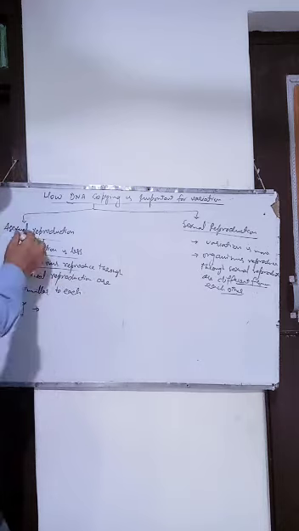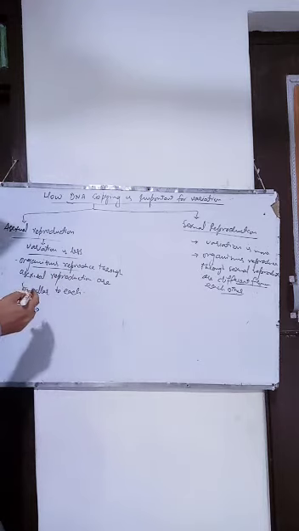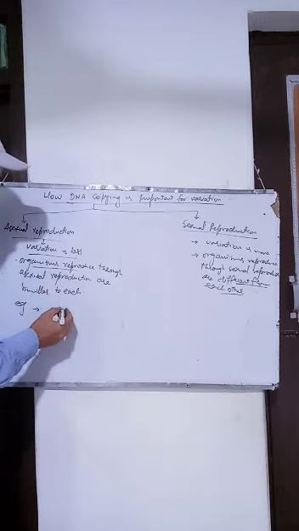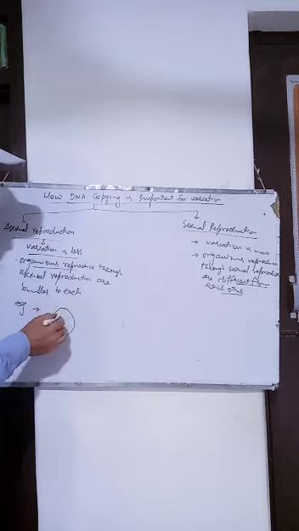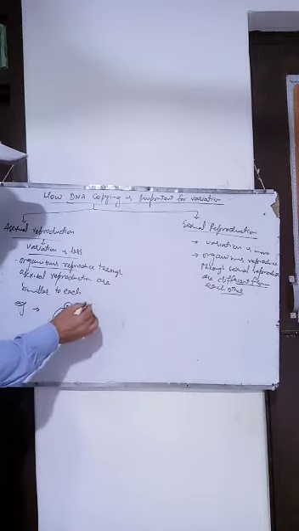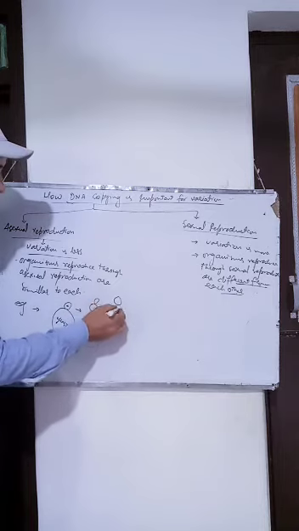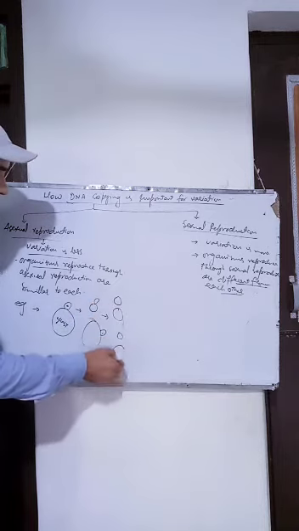Take an organism which reproduces through asexual reproduction. For example, yeast. It is a yeast cell. It reproduces through budding and produces another yeast, which also reproduces through budding, and a lot of yeasts are produced.